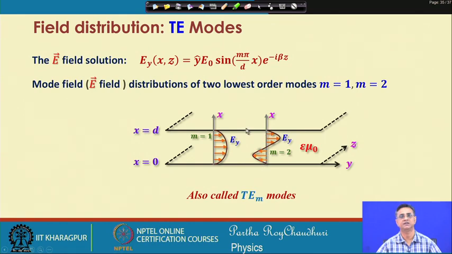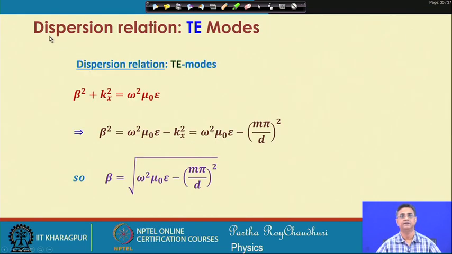So you have this distribution of the electric fields for various possible values of m equal to 1, 2, 3, etc. This is how we can look at the field distribution in such a metallic waveguide with two plates. The dispersion relation comes from the equation beta square plus k x square equals omega square mu naught epsilon naught.